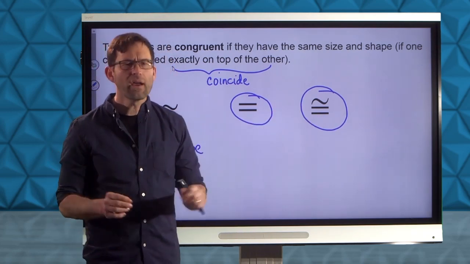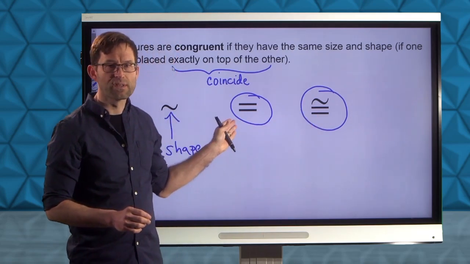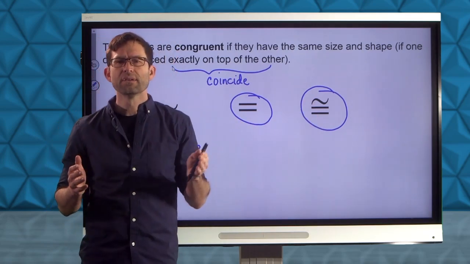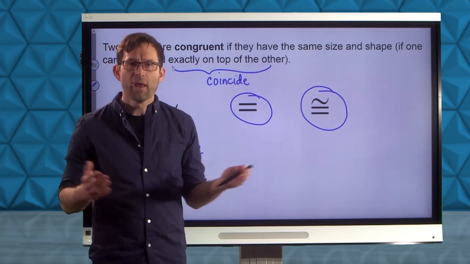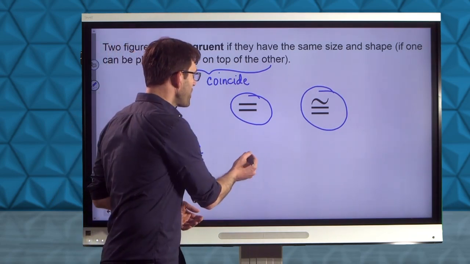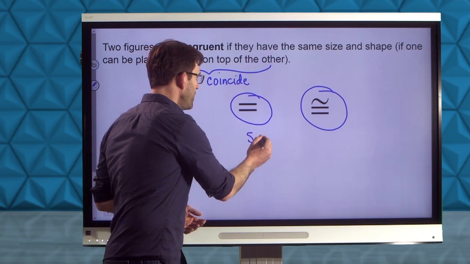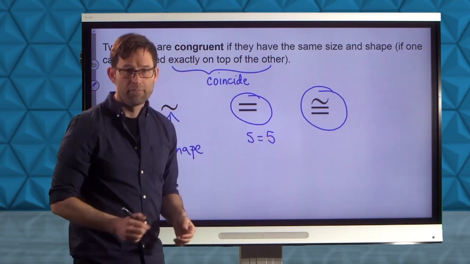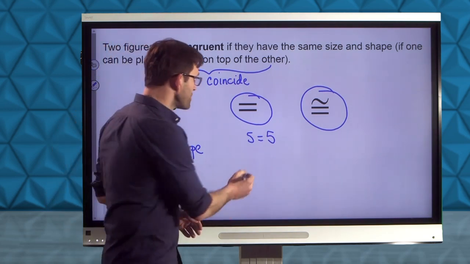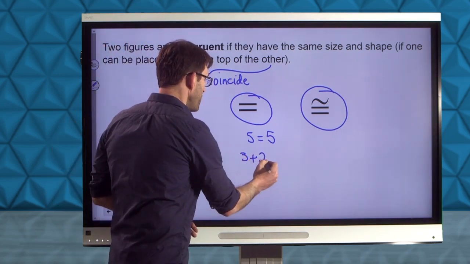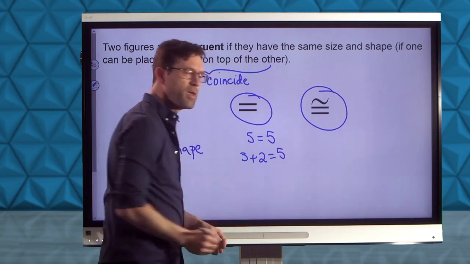And again, the idea of using the congruent symbol versus the equality symbol is, to a lot of students at this level, very technical. It's completely okay to say something like 5 equals 5, because, well, 5 does equal 5, right? Maybe a better example would be, it's okay to say 3 plus 2 is equal to 5.